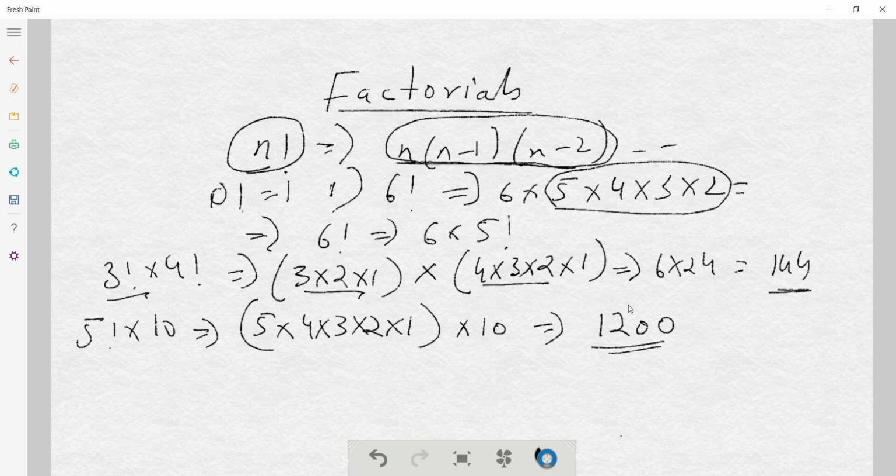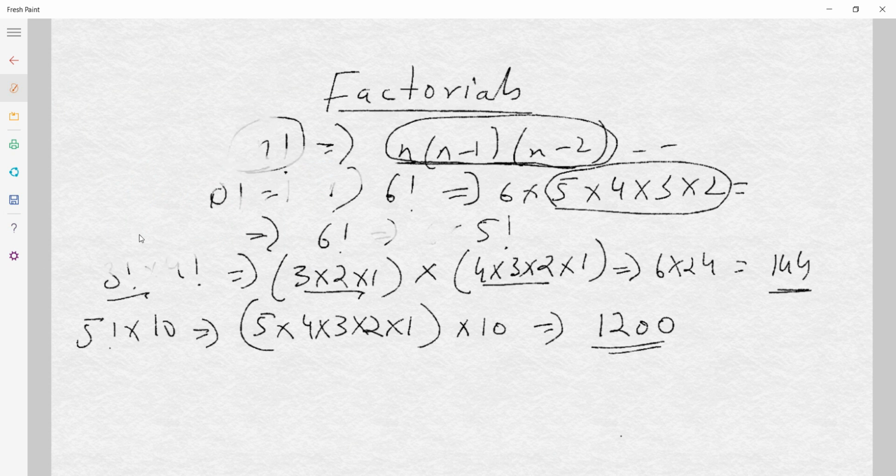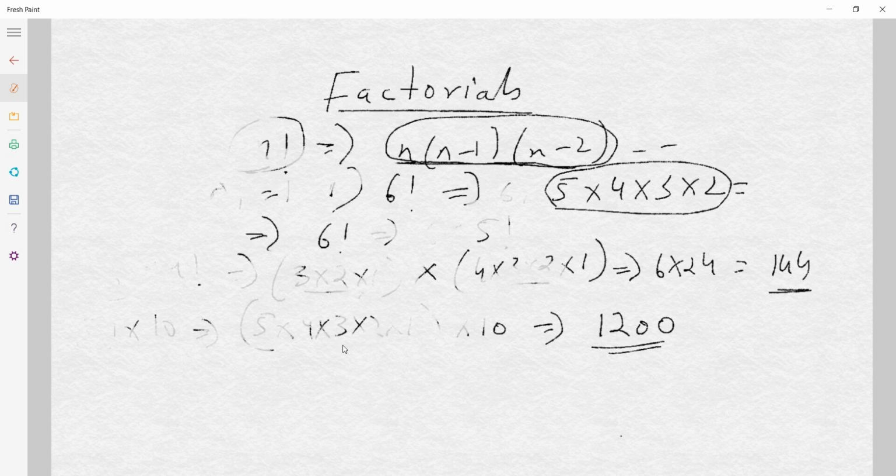So we can divide 2 factorials as well. Let me clear this off first, then we're going to look at division of 2 factorials. Nice and simple. Just a second, let me clear this.